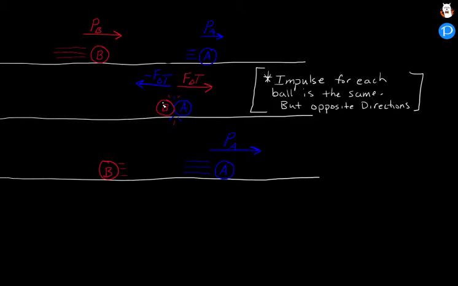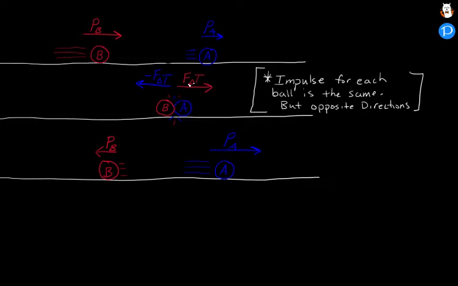But for ball B, here's the change in momentum for ball B. It's negative. And so I'm taking away some of the momentum that it had at the beginning. And so for ball B, we see that it is now moving at a slower velocity, I should say, and it has less momentum than it had at the beginning because this is the change in momentum that ball B feels.